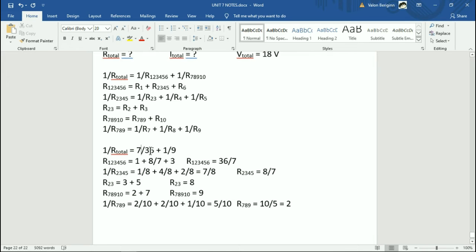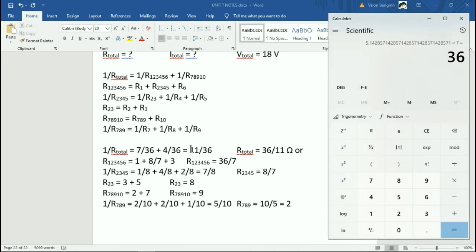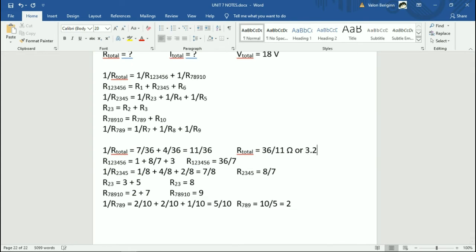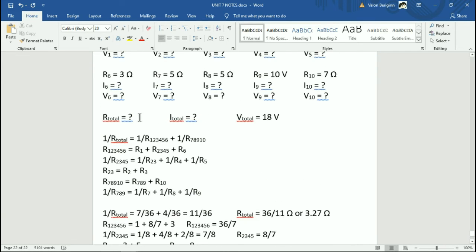And here's the reason I have this listed as a fraction, because, hey, 1/9 is 4/36. Therefore, this is 11/36. So our total is 36/11 ohms, or 3.27. I'm going to leave it as the fraction, okay? Because again, I think the fractions are helpful in this case.